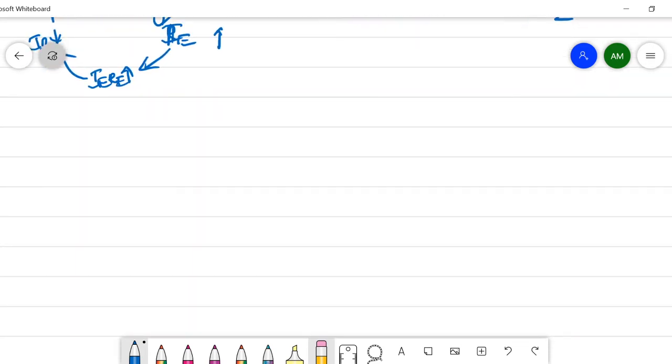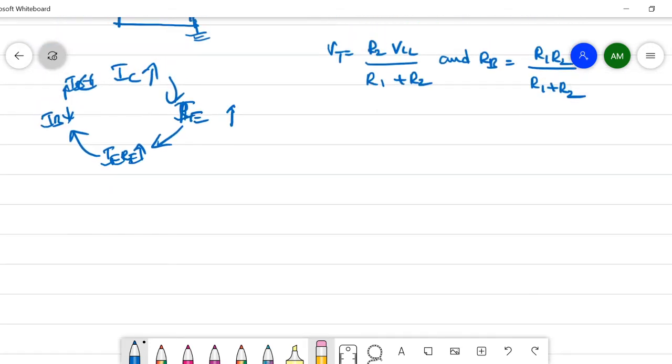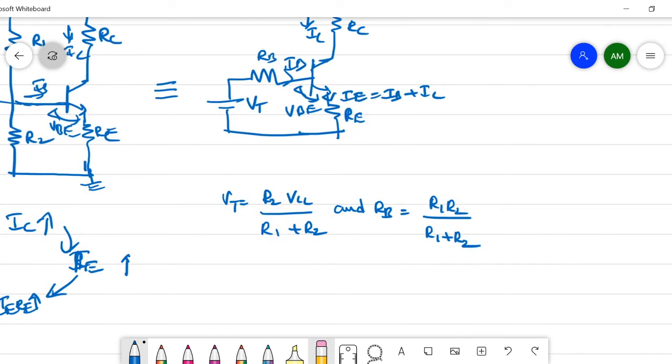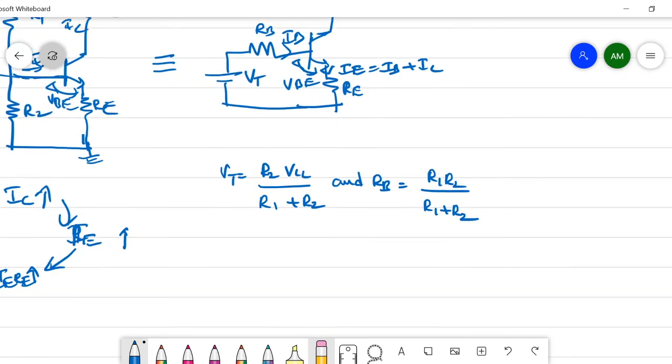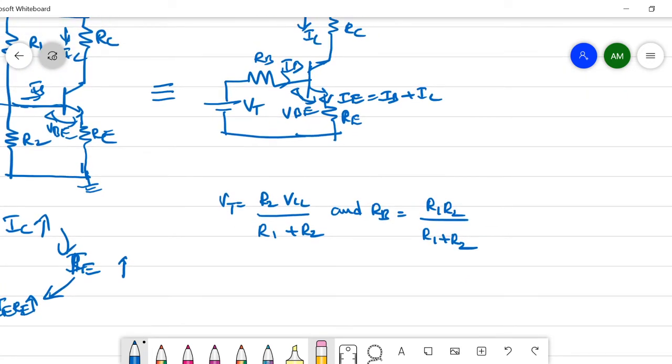Next, the loop equation around the base circuit, that is, in the input circuit. Write down the loop equation: Vt minus IB RB minus VBE minus IE RE is equal to 0, where IE is nothing but IB plus IC.